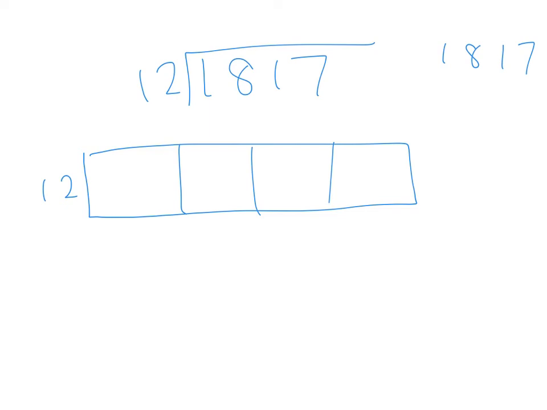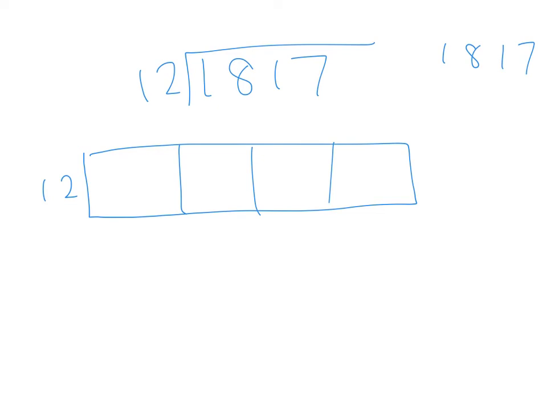For this particular problem, I'm going to look at that 1, and I know that the 1 is equal to 1,000. But I'm actually going to move over and look at the hundreds place also. So when I see this 1 and the 8, it's actually equal to 1,800.